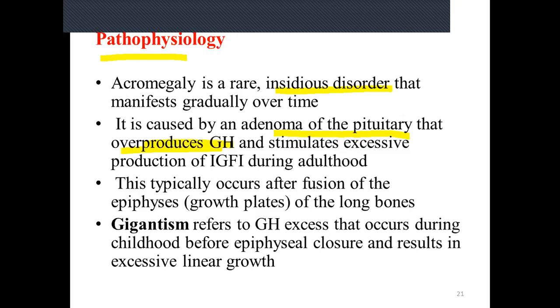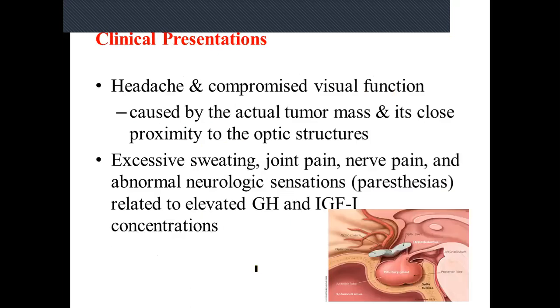Then this type occurs after fusion of the epiphyseal or growth plate of the long bone. The other one, gigantism, I've already said is common in childhood, because it happens before the closure of the growth plate, so the probability of having linear growth is very high in this condition.